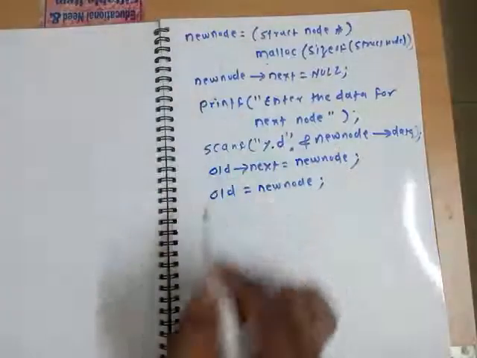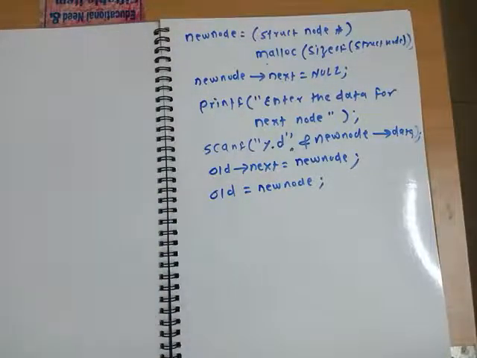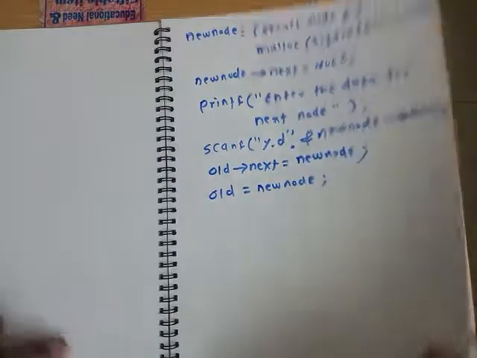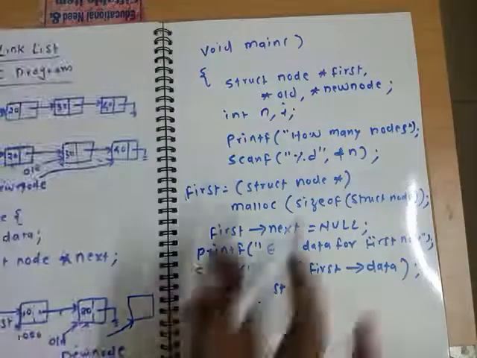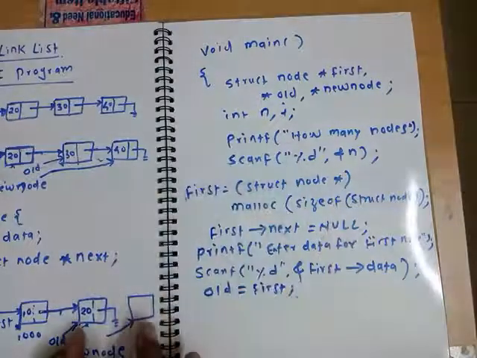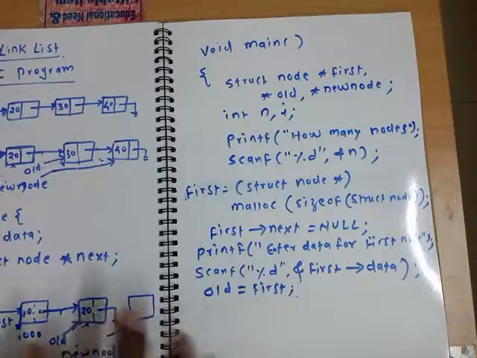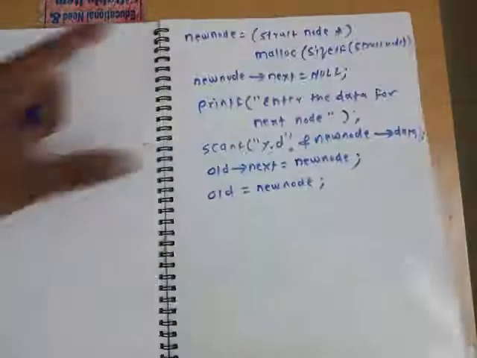we'll repeat this code for n-1 times. Why n-1 times? Because we have created the first node here, and these remaining nodes will be created by using this code.